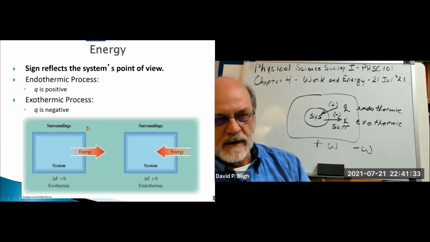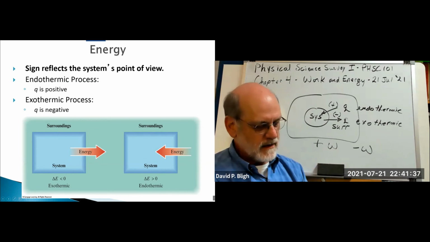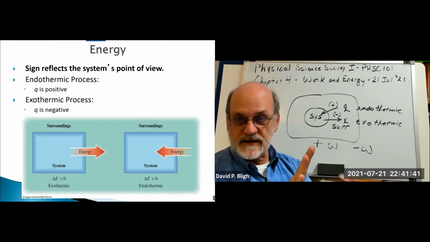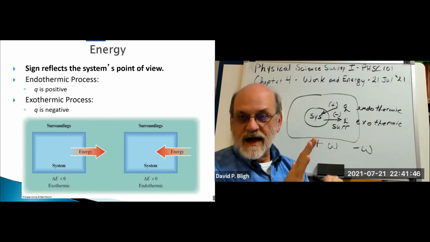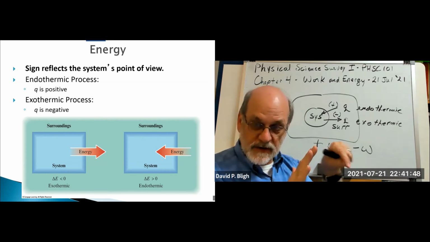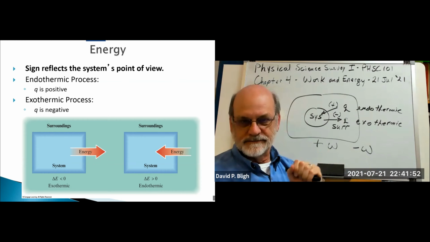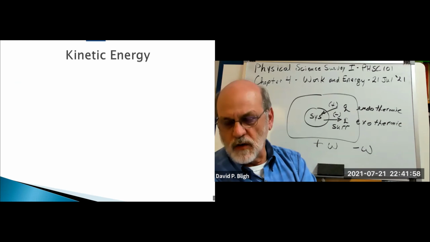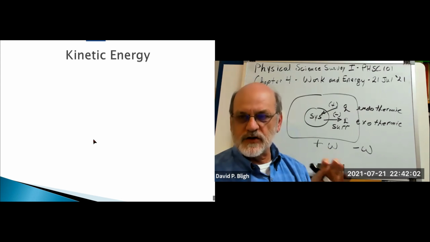So if you bring your hand close to a boiling pot of water, you feel the heat, which is leaving the system. That is an exothermic process. And the Q value for that system, which is the boiling pan of water, is negative. Now, when we talk about purely energy or the ability to do work, we can subdivide it into two forms.